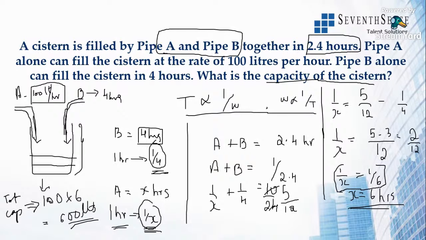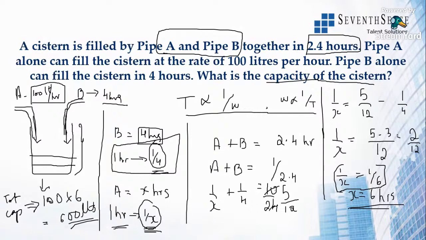Only thing is you need to remember, if the duration is given, convert it to the amount of work done. Since this is an example of the time and work concept, I've taken it as the capacity of the pipes. Pipe A fills at the rate of 100 liters per hour. Pipe B, I don't know the rate, but they have given the duration.